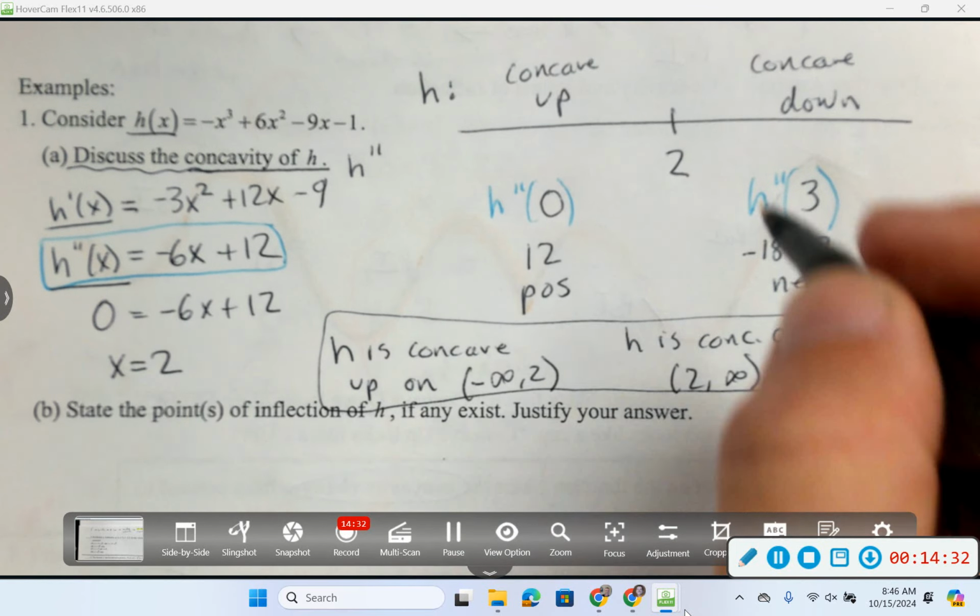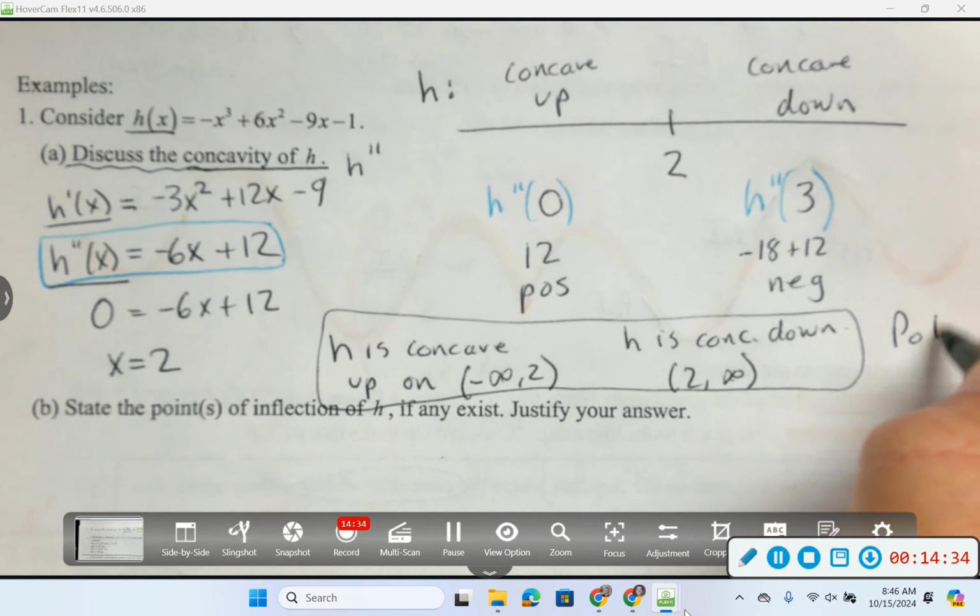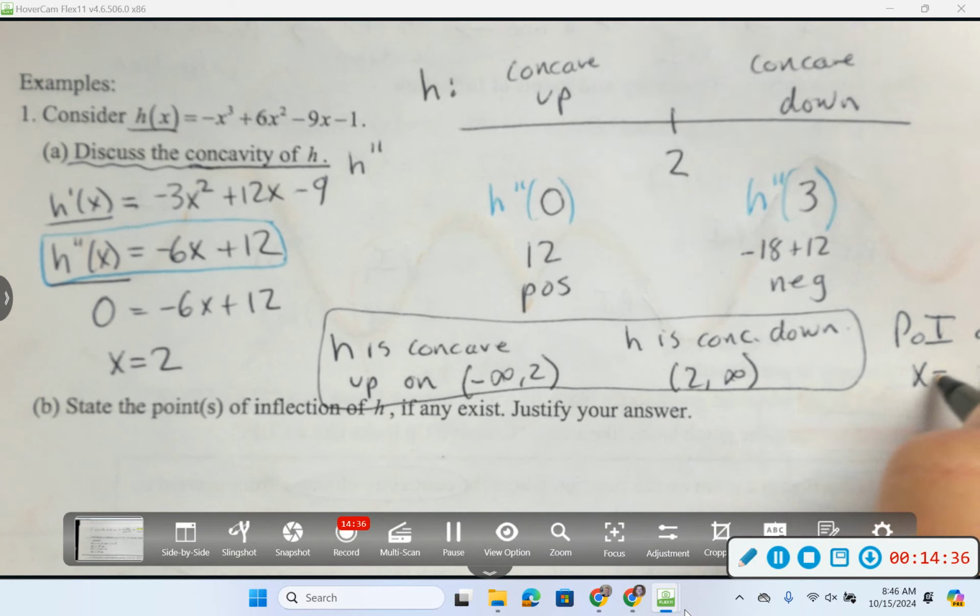Which means there's a point of inflection. It didn't ask for this, but there's a point of inflection at x equals 2.